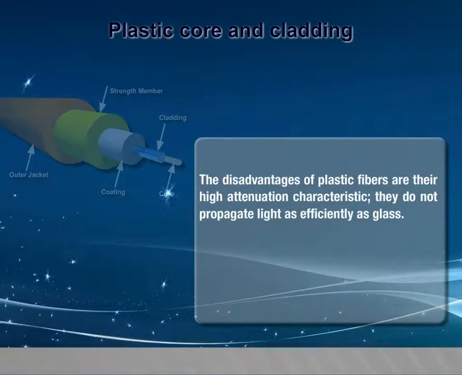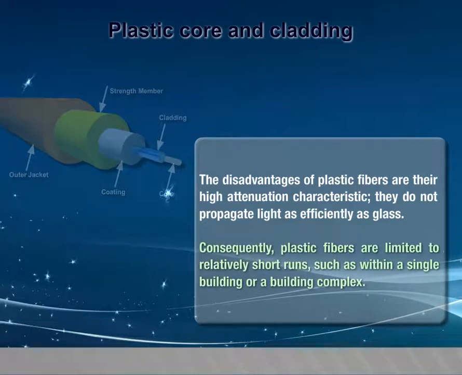The disadvantages of plastic fibers are their high attenuation characteristic. They do not propagate light as efficiently as glass. Consequently, plastic fibers are limited to relatively short runs, such as within a single building or a building complex.